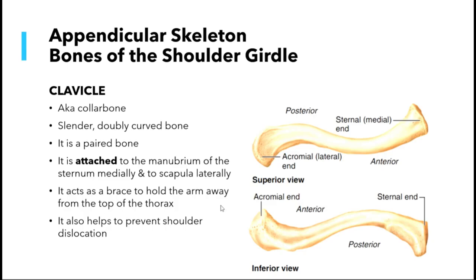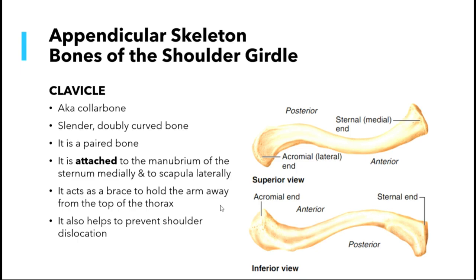So your clavicle provides attachment, helping to the formation of the shoulder joint. So when the clavicle is broken, the whole shoulder region caves in medially. So just imagine the problem if you have a broken clavicle, since that's one of its functions.